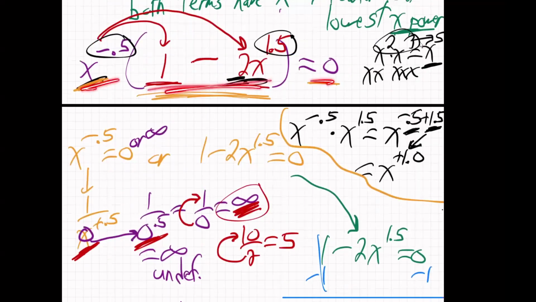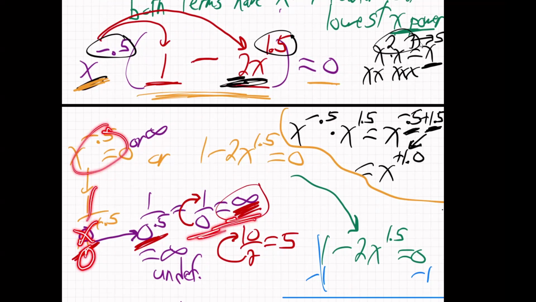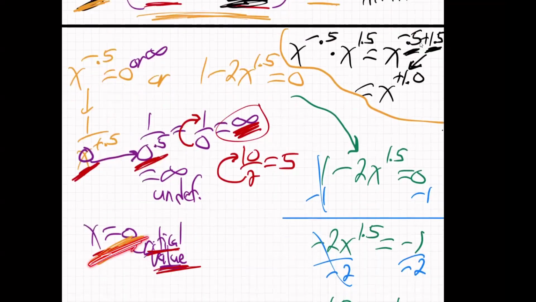If two things are multiplied, you need to set each equal to 0, or infinity. And we see that x to a negative power is 1 over x. So that means if x is 0, that's 0 in the bottom of a fraction, 1 over 0, that's infinity, that's undefined, so that's going to be a critical value. X equals 0 was our first critical value.